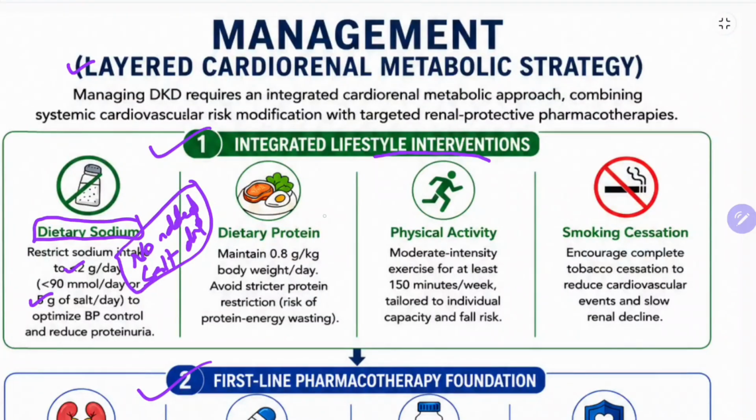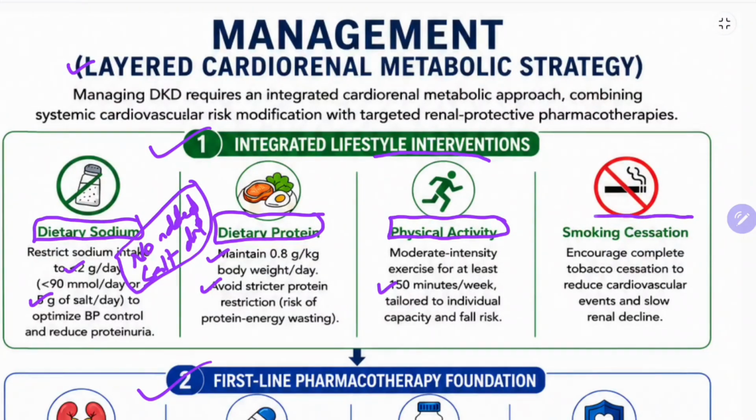Okay, that is one thing. Dietary protein: maintain 0.8 gram per kg body weight per day. Avoid stricter protein restriction because there is a risk of protein energy wasting. So patients should be informed they should take a good, not high, a good protein diet. And maintain physical activity. So they should avoid sodium, they should take a good protein, and they should have physical activity, moderate intensity exercise for at least 150 minutes per week, tailored to individual capacity and fall risk.